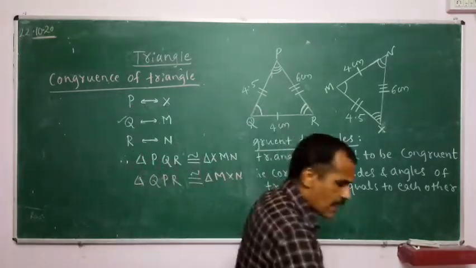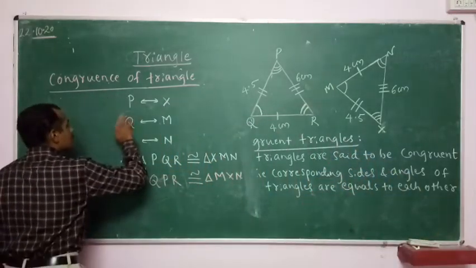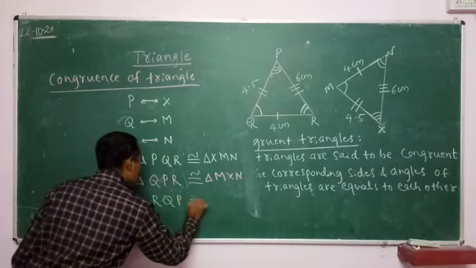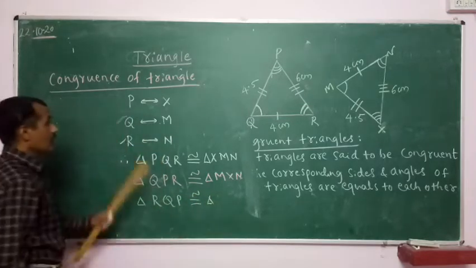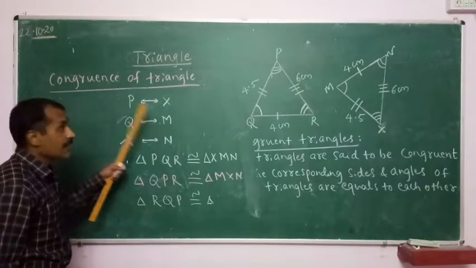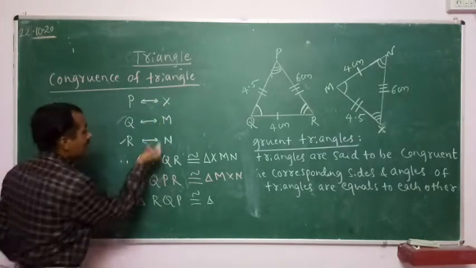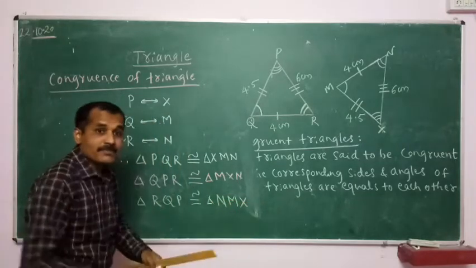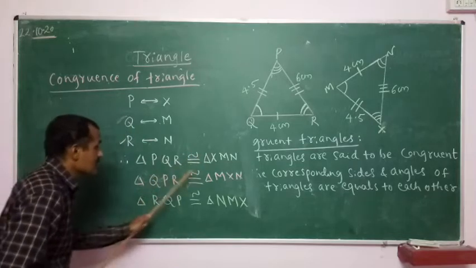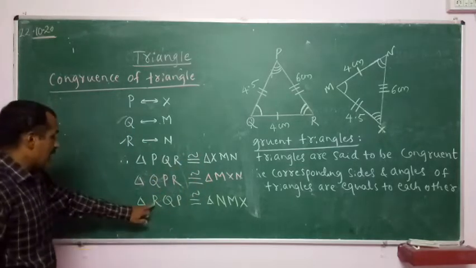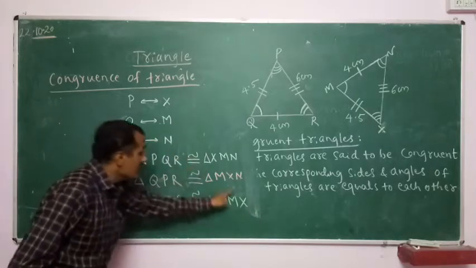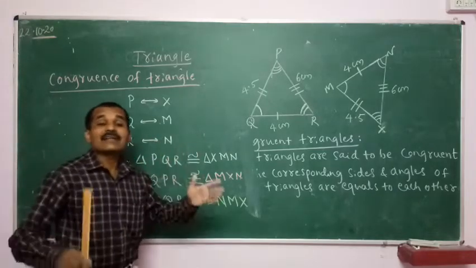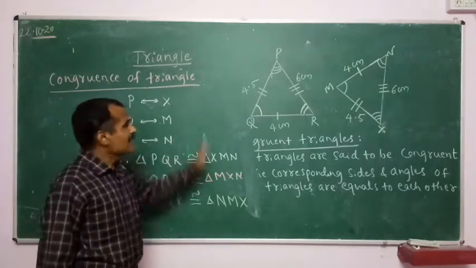Suppose I start from here, triangle RQP is congruent to triangle NMX. That means the corresponding angles must come in the respective places. If I write R first, the first alphabet at the other end must be N, because these two angles are equal. They are the corresponding angles.